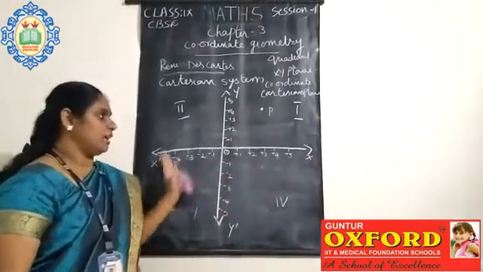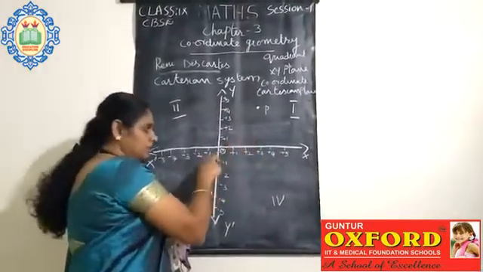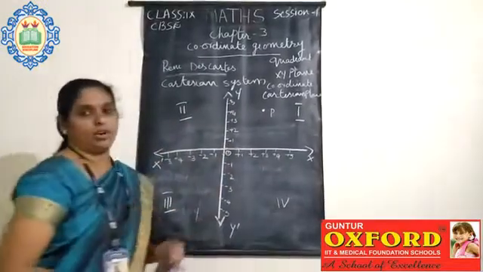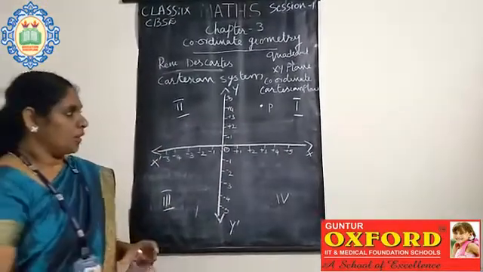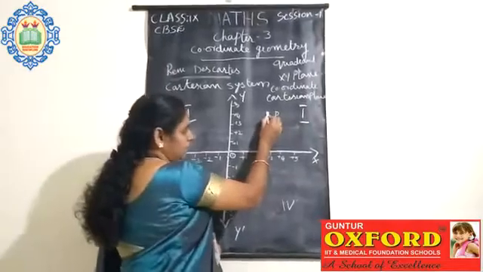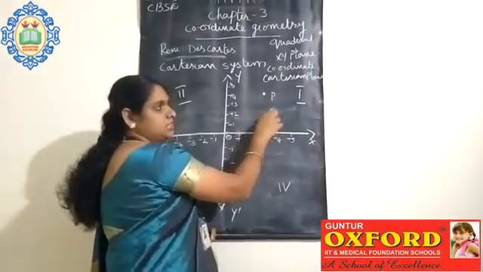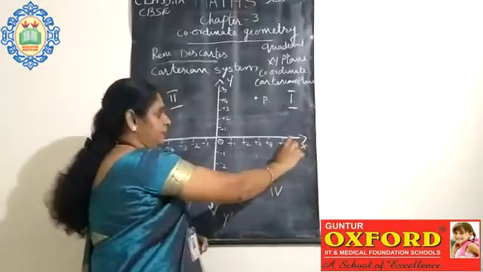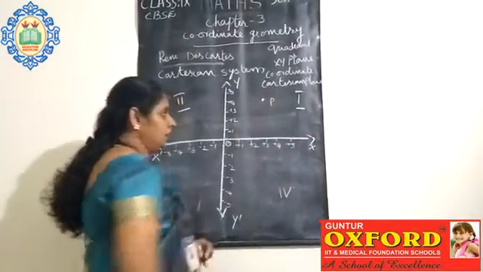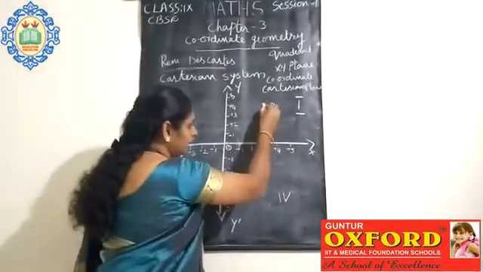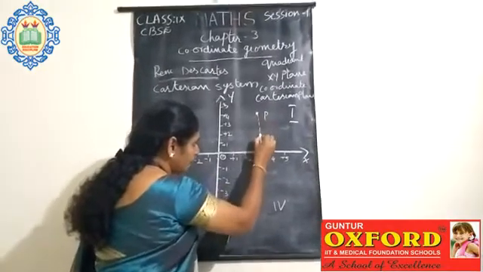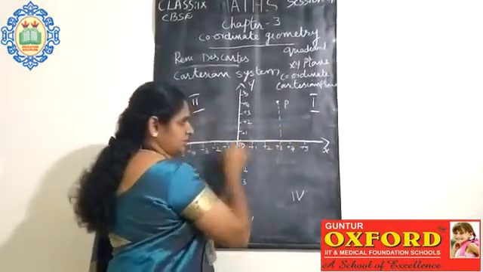From here only we can locate the point. Now I'll put a point here. In which quadrant is this one coming? This is in the first quadrant. Okay, I'm marking it here.